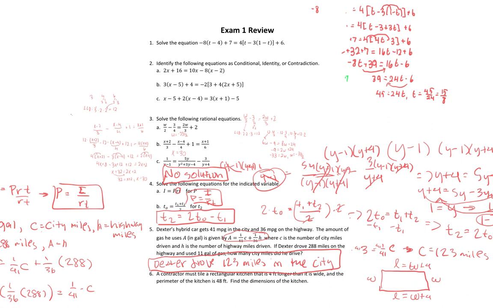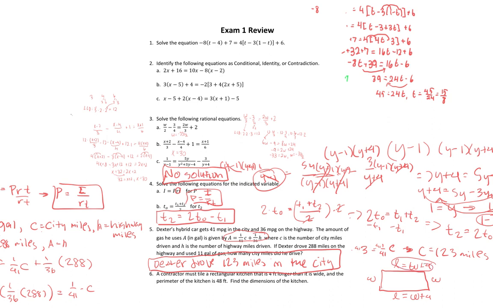If we distribute that 2, it's going to be 2W plus 8 plus 2W equals 48. Then if we combine like terms, we add these two W's together and subtract 8 on both sides. We get 4W is equal to 40, or W equals 10, which is perfect. And then to find our length, we can use that equation that we derived up here.